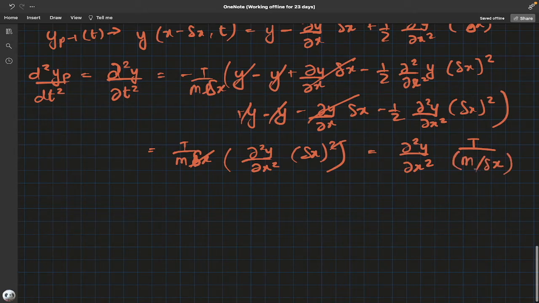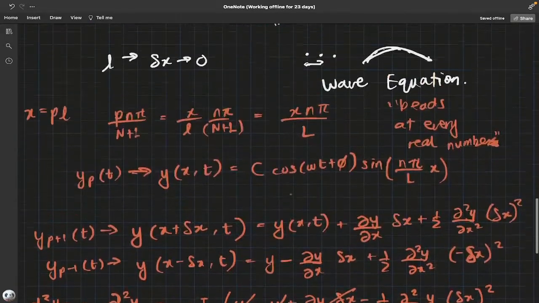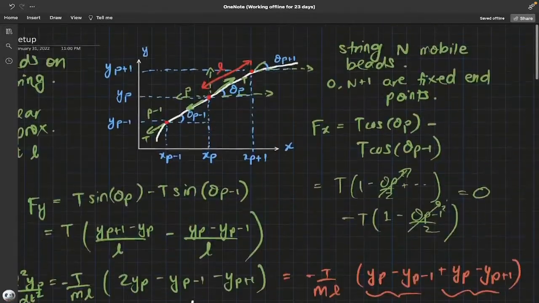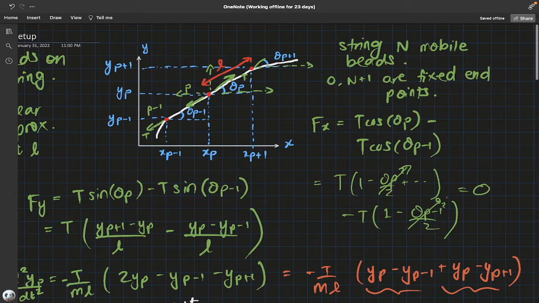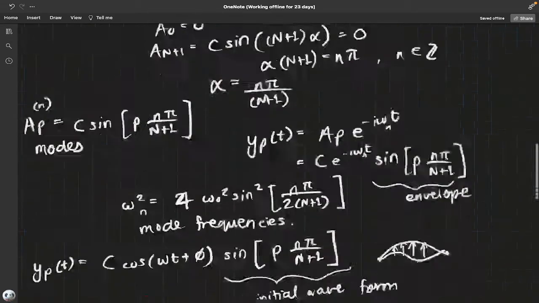Now this m divided by delta x, although delta x is like the hypotenuse in this case, if we do a continuum limit, this angle becomes really small. So delta x, or this L, this hypotenuse actually just becomes the horizontal because of the small angle.